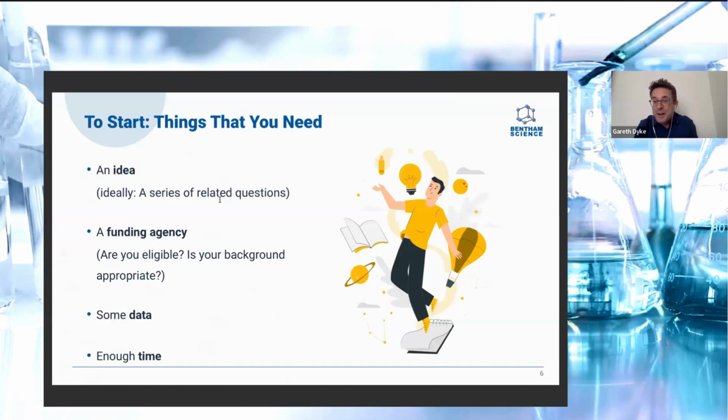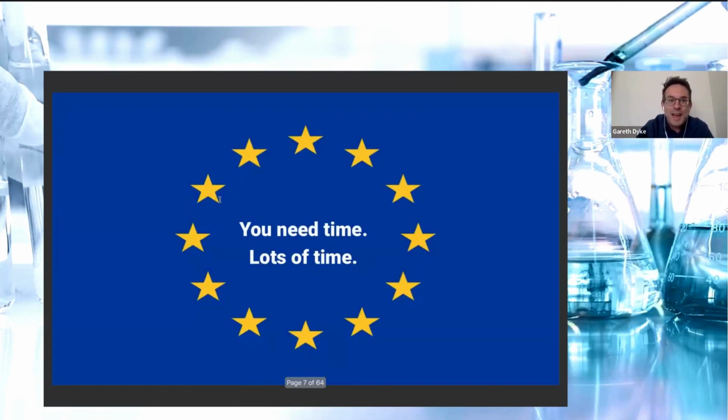Don't get caught out, as I always used to do, putting funding applications together at the last moment. Six months away from the deadline might look like a lot of time now, but it's going to go quickly, and you don't want to be doing a funding application at the last moment. So: an idea, a funding agency, some data, and enough time to put the proposal together.